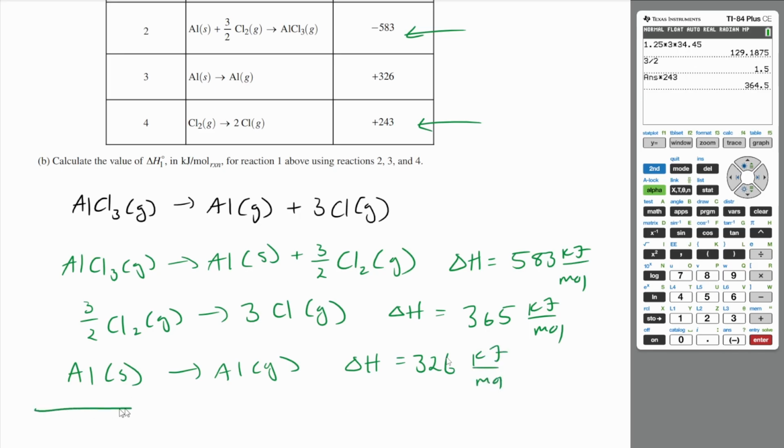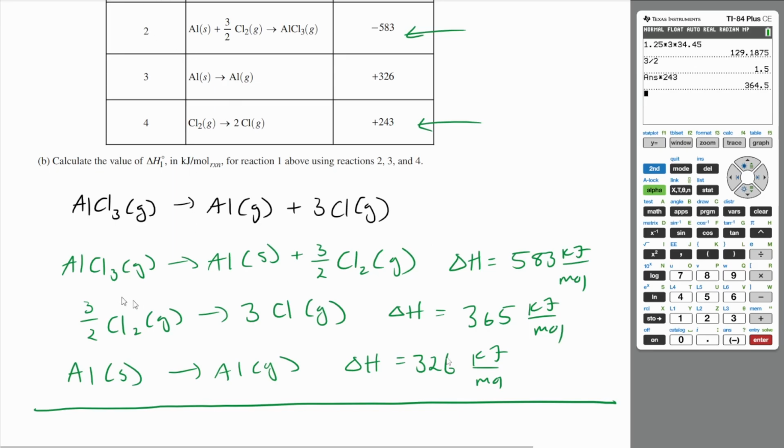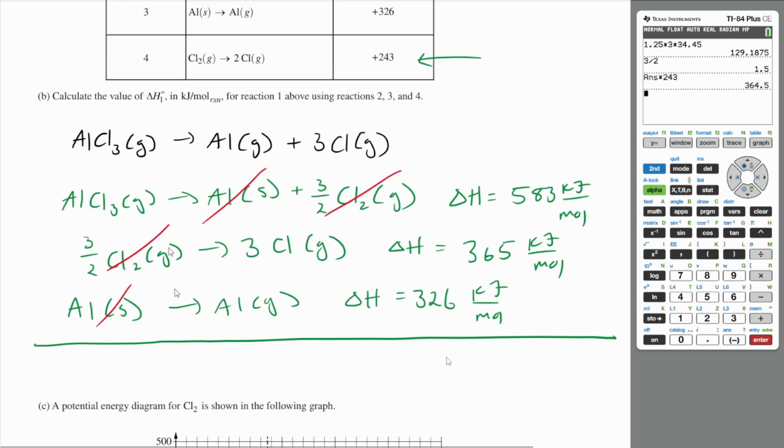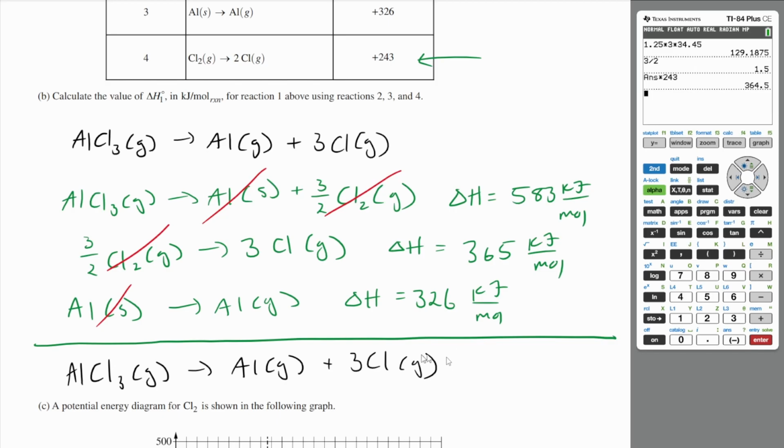And so if you add all this up, you realize that your molecules of chlorine cancel out, your aluminum solid cancels out, and you're left with what you need. So that's aluminum chloride gas decomposing to form aluminum gas and 3 atoms of chlorine gas.